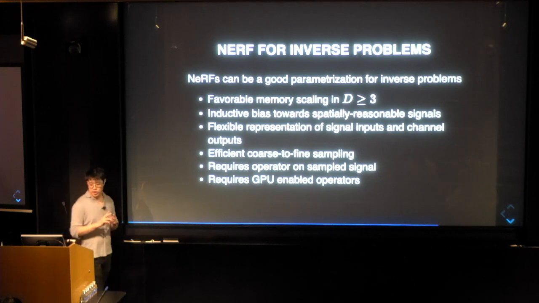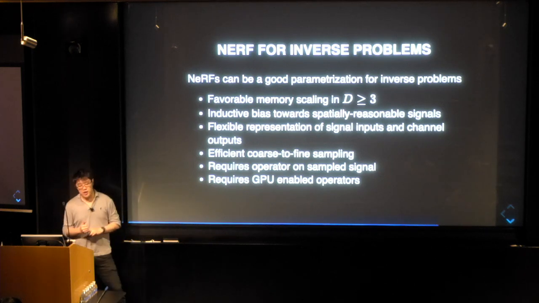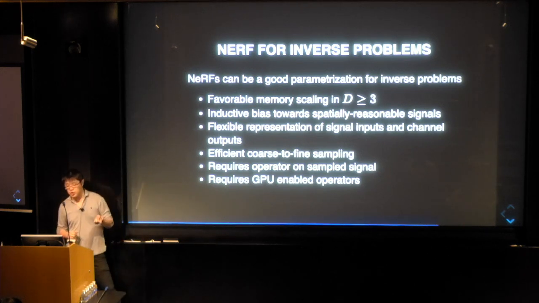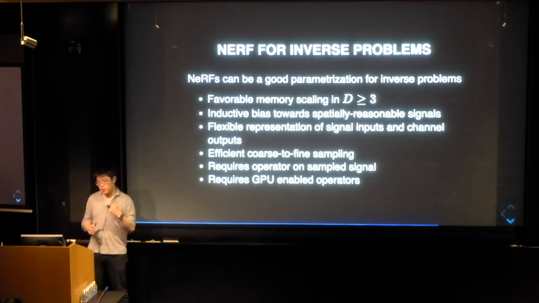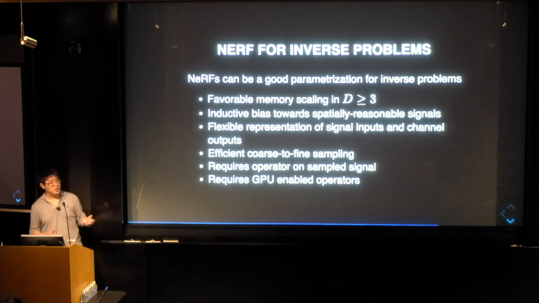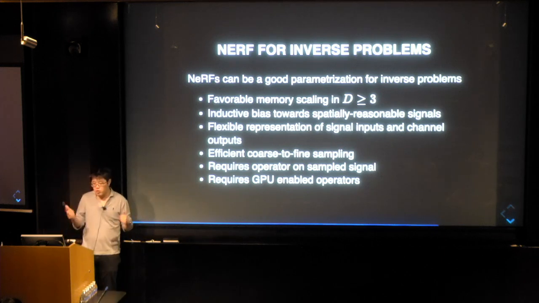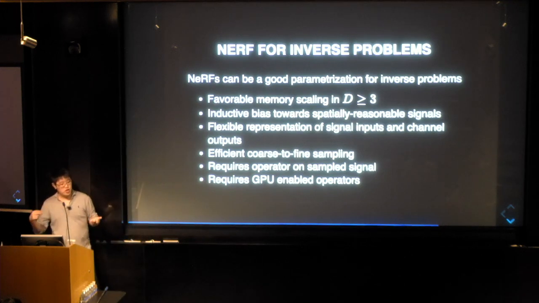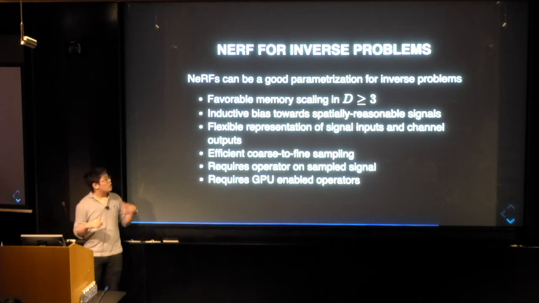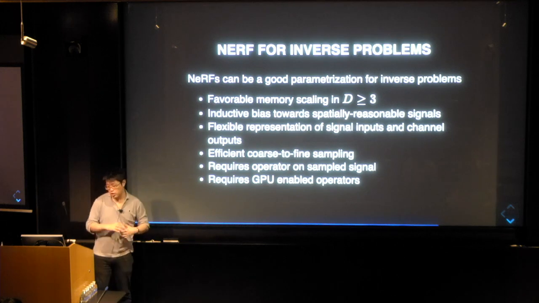The second thing, which is sometimes overlooked, is that NeRF has an inductive bias towards really spatially reasonable signals. One phenomenon you might be familiar with, especially in Fourier basis, is the Runge phenomenon, where the basis has some things that are not so nice about the interpolation itself that creates wriggles. NeRF is completely in the spatial domain, so there's no issue like this.